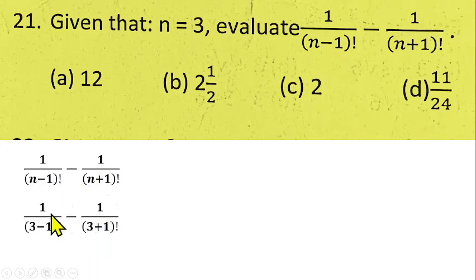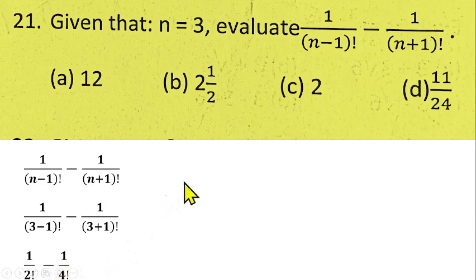We are given the value of n here. n is 3, so we put in 3. You have 3 minus 1 factorial, here you have minus 1 over 3 plus 1 factorial. If you simplify this, that should give us 1 over 2 factorial minus 1 over 4 factorial.